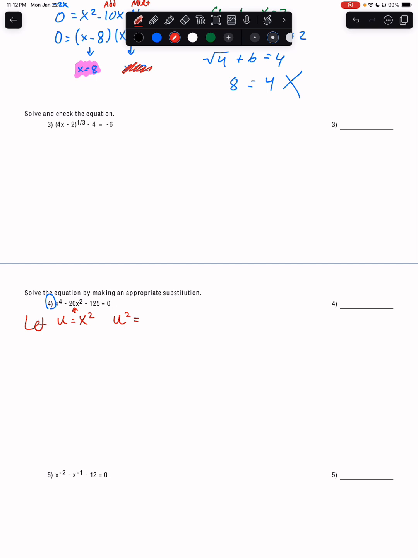And that means that u squared equals x to the fourth, which is our leading term right there. What that'll allow us to do is make this problem look like something we usually work with. So x to the fourth becomes u squared. Negative 20x squared becomes negative 20u. And then the minus 125 stays the same. We'll just factor.